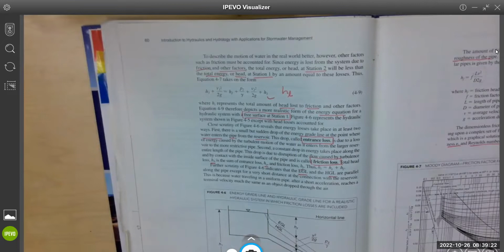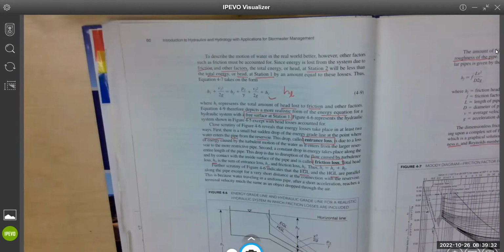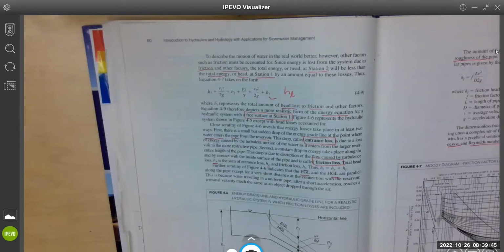Some entrances, the pipes are different. Some will have a gate valve that can be shut off. There could be a loss due to that gate valve, even though you have a 2-inch gate valve and a 2-inch pipe. Let's say we have a 2-inch diameter pipe and it comes into a gate valve and then it goes through that into some kind of an exit.